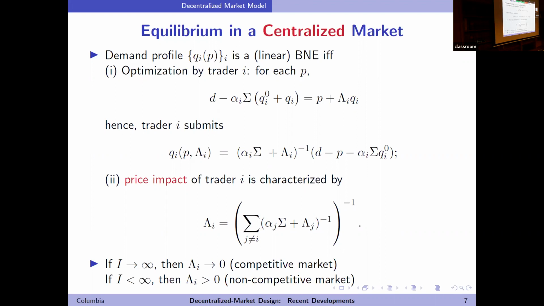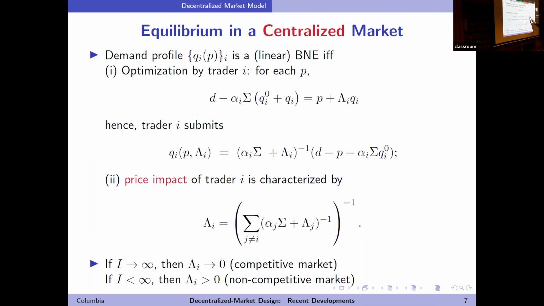So suppose I know my price impact, let's say I estimate it. Given the schedules submitted by others, I'm facing a family of residual supplies with slope lambda, which I estimated, and a random intercept. Where does this randomness come from?